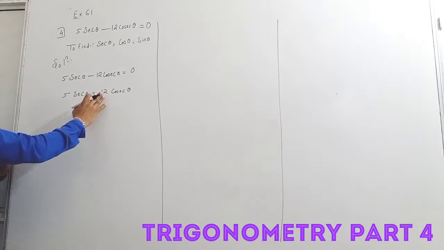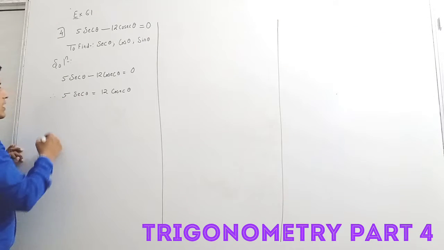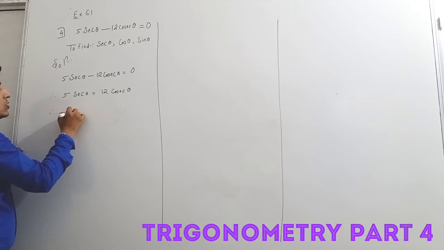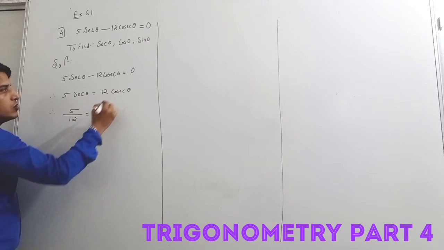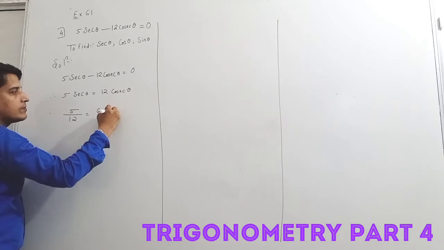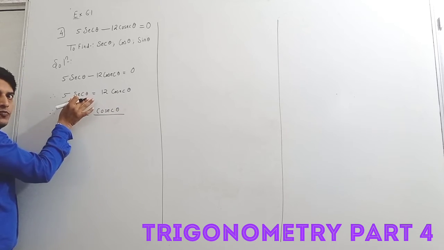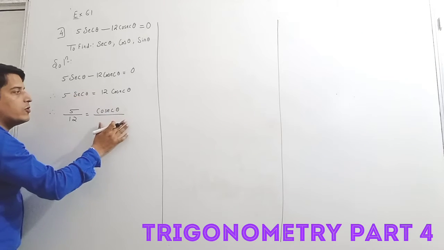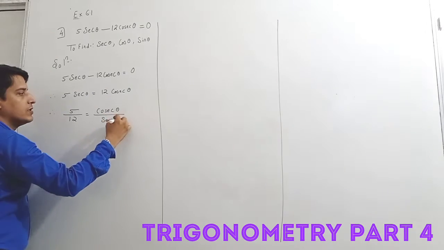This 12 is multiplication on this side. On the opposite side it becomes division. So this can be written as 5 divided by 12 equals cosec theta, and this sec theta is also multiplication, so on the opposite side it becomes division.